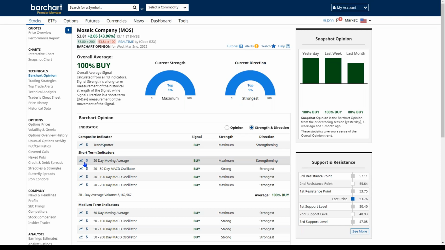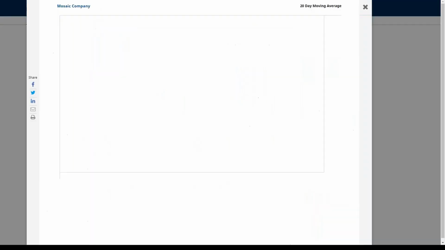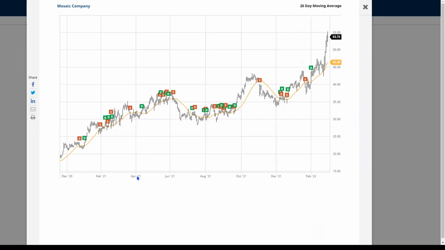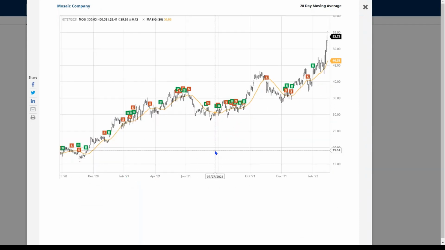So if I open up the 20-day moving average again, and let's look at this in a historical sense, what we're seeing here is the maximum over a longer period of time. What we're really talking about is the angle of inclination. In other words, how steep is this moving average? The steeper the moving average, the stronger the trend.